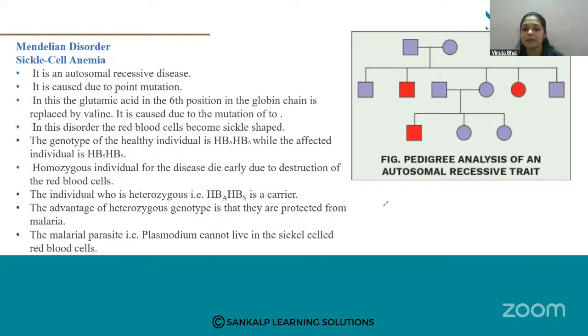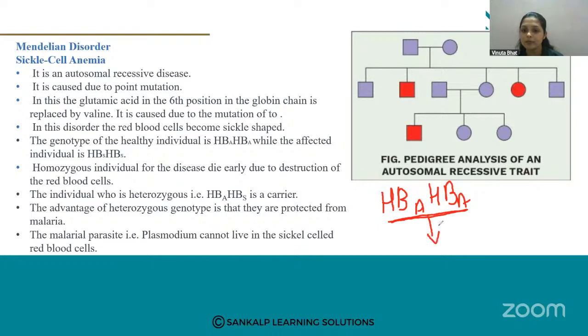For example, the HBA gene is responsible for the formation of hemoglobin.